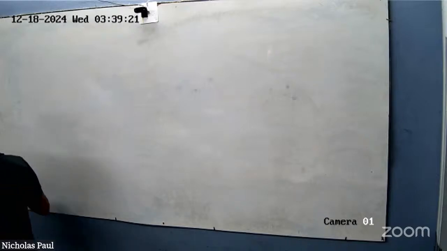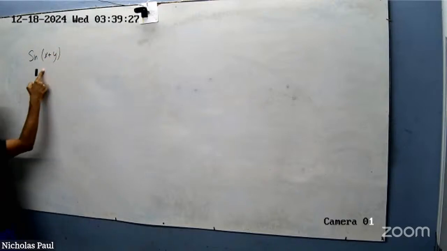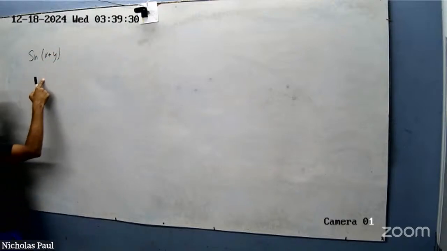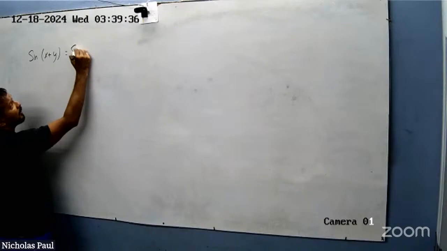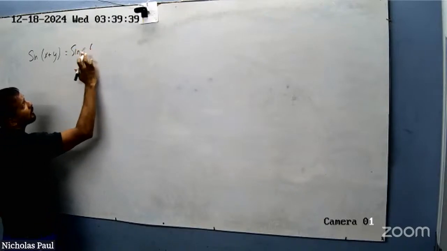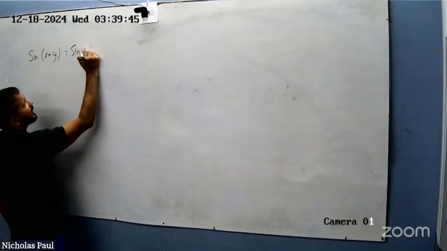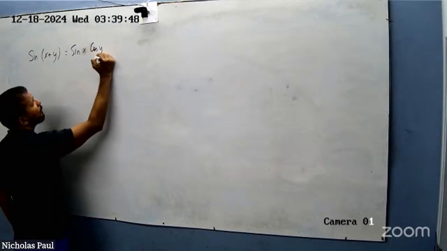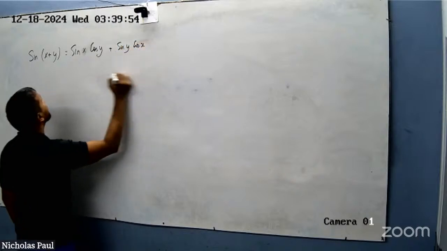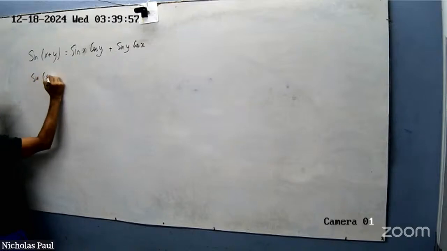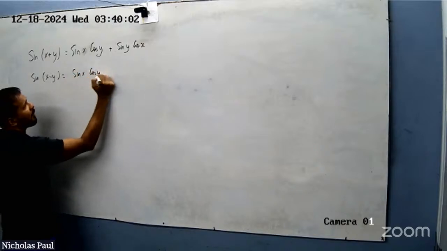So basically, if you set up something like this, if you remember these rules here, what is sine x plus y? Sine x cos y plus sine y cos x. And what is sine x minus y? Same thing except for the minus sign.